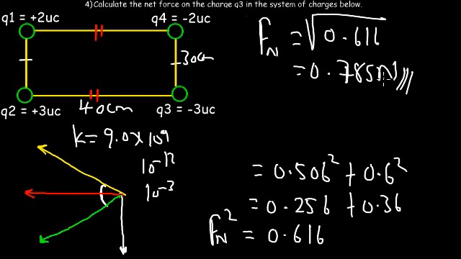So this is the net force between this red color force and this white color force, that is F sub 2,3 and F sub 4,3. I believe we got that. This yellow color force is for F sub 1,3. So having done that, we can now find the net force between F sub 1,3 and the net force that we have between F sub 2,3 and F sub 4,3.